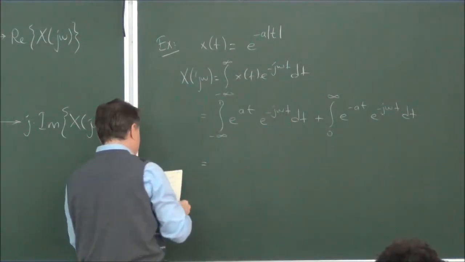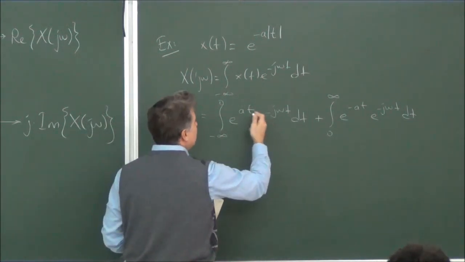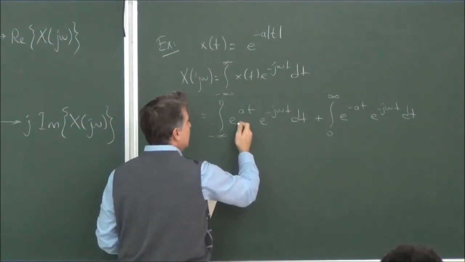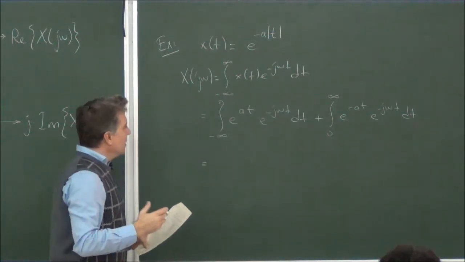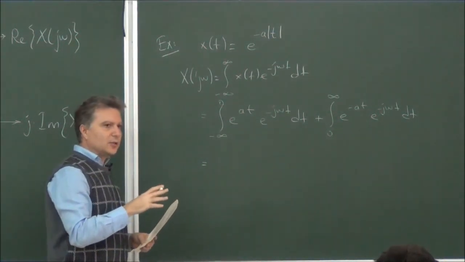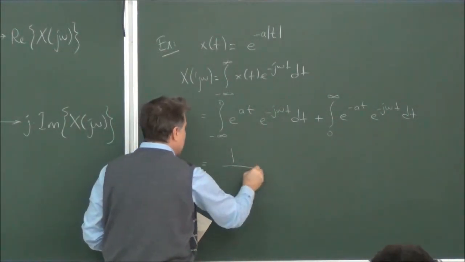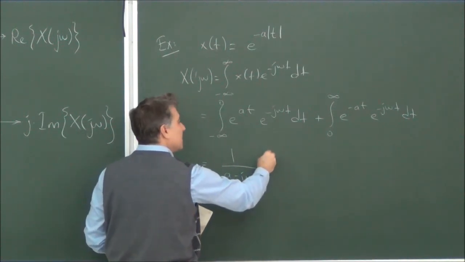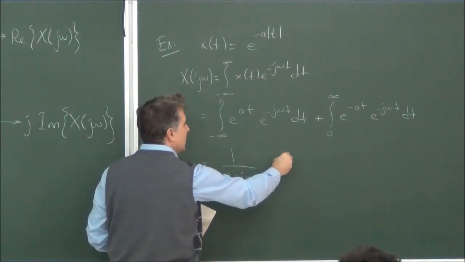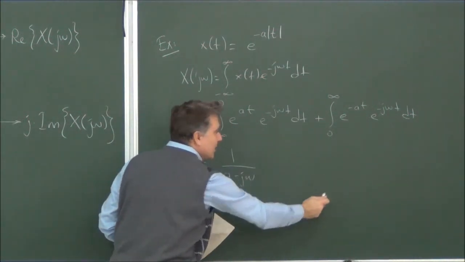Then we will combine these two expressions. The first expression, if you put into a parenthesis of t, is e to the t times parenthesis a minus j omega. That's an exponential term, a minus j omega. That appears as 1 over a minus j omega, e to the t parenthesis a minus j omega, from 0 to minus infinity, right?